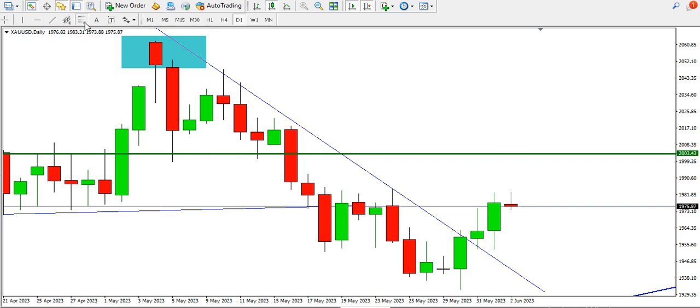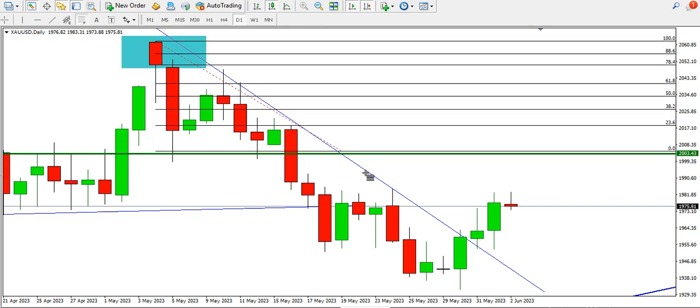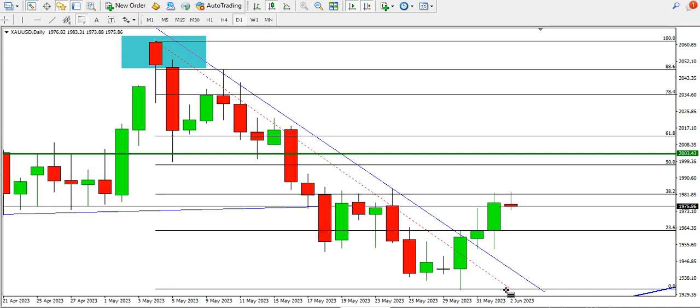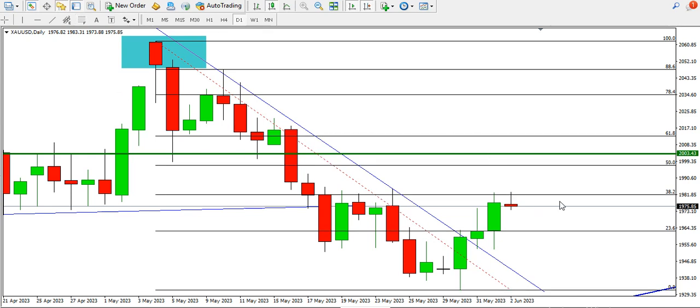Looking at the Fibonacci retracement for the daily time frame, we can see that price has retraced up to the 38.2% Fibonacci level. If we have a downward movement from here, that will show that this bearish trend is still strong.